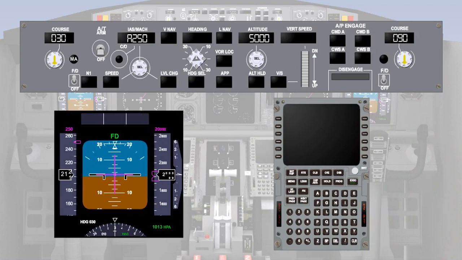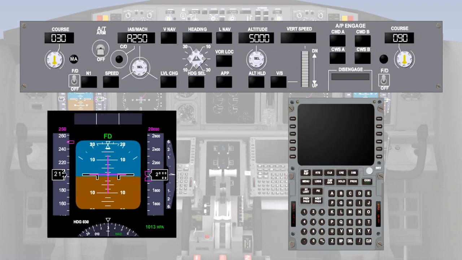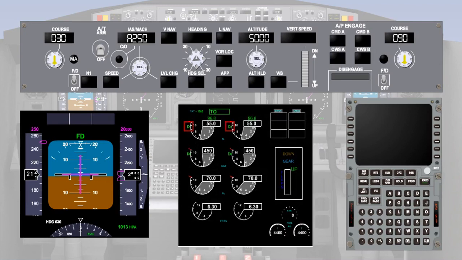Or, the flight management system can manage the thrust when it is controlling the vertical flight profile. The target thrust value and the active thrust rating can be seen on the engine indications on the electronic display or a separate indicator.